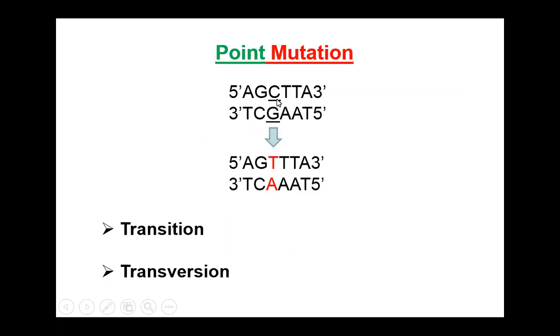Some terminology that we use here when we talk about point mutations is, first of all, these point mutations can either be considered transitions or transversions. And what I mean by each of these is a transition is when a point mutation, let me say that again.